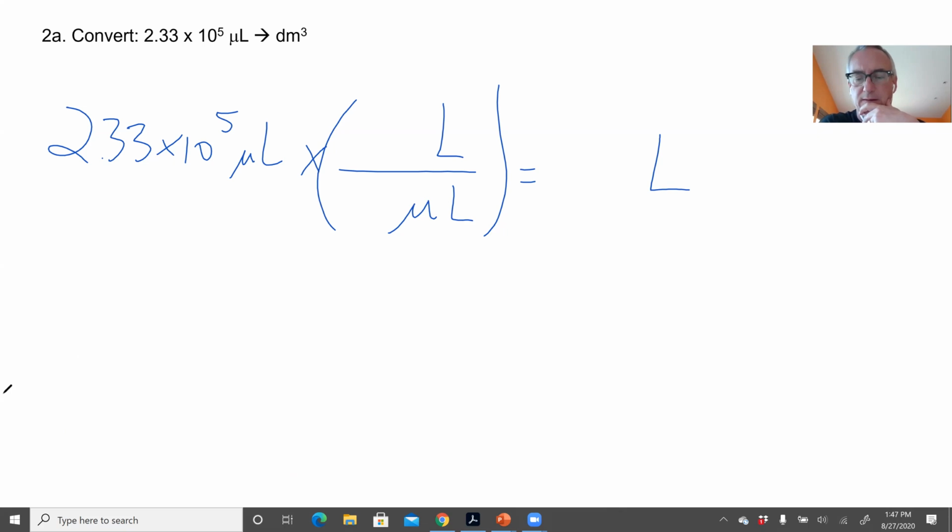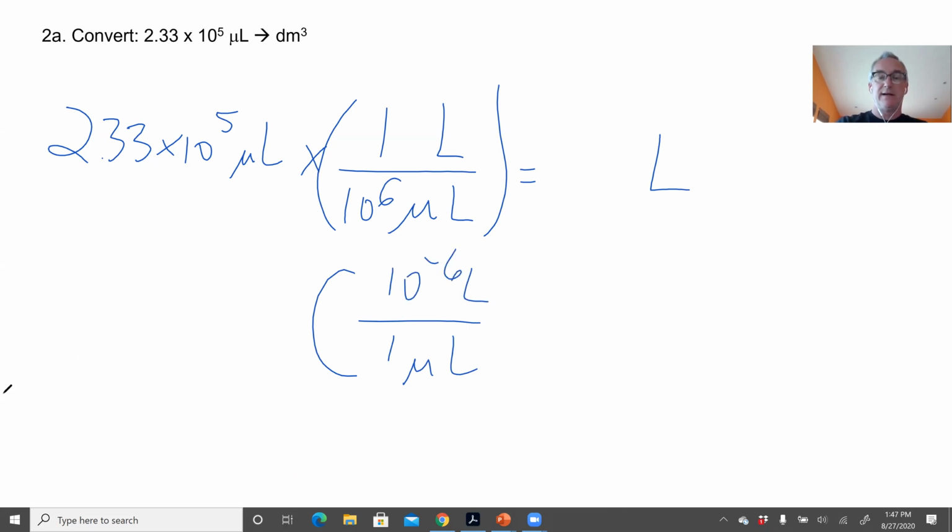The liters will be 1 and the microliter will be 10 to the power 6. There you go. You could also do it the other way around. You could also have 1 microliter is equal to 10 to the minus 6 liters. That's the same thing. Either one is the same because they both equal 1.